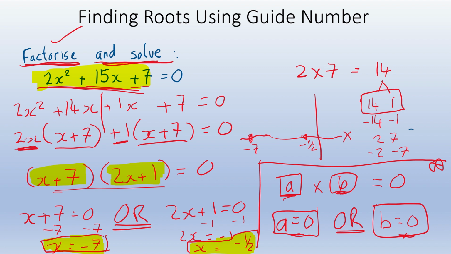So I know that those are 2 points on my graph. There's also more things that you can say about this graph just by looking at this here, but I've covered that in my functions video, so I'm not going to go into that here.